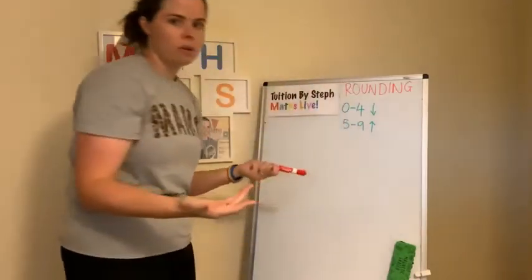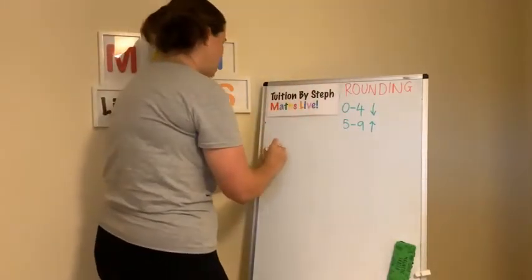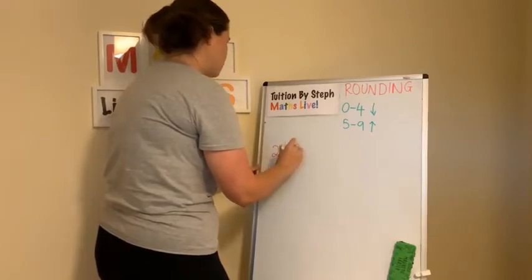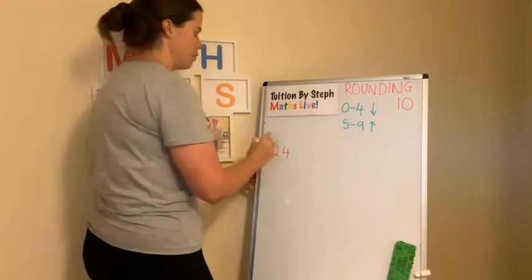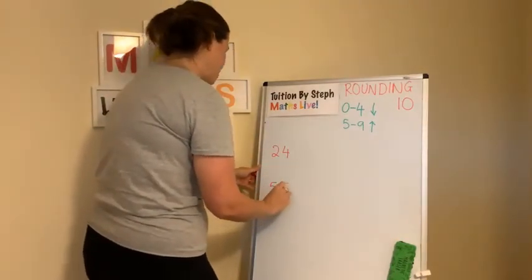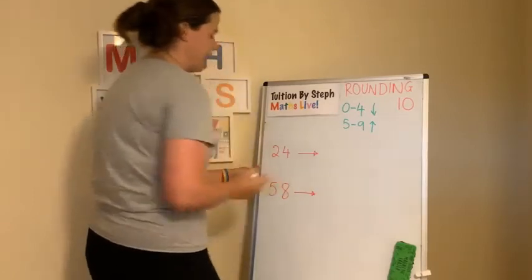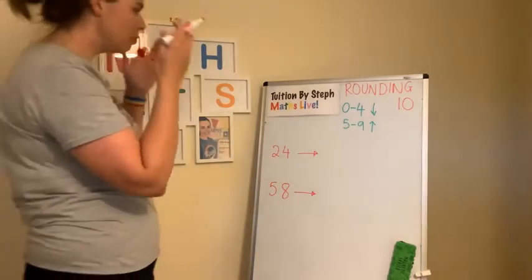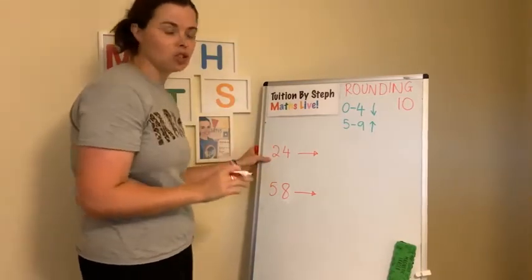So if I show you another example, one of the two examples, let's say we have 24, and again we're rounding to 10 to start. 24 and 58. So if we're rounding those to the nearest 10, again you could place it on the number line. It's currently in the 20s, there's 2 tens.